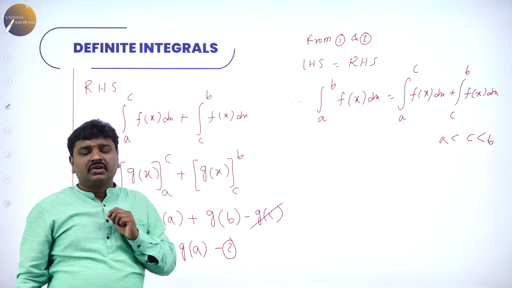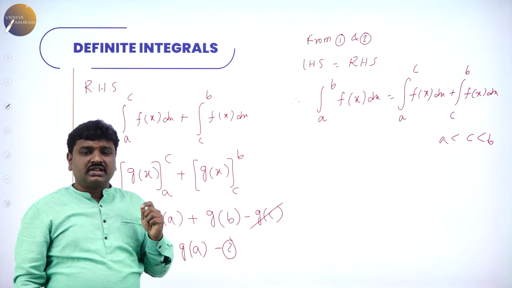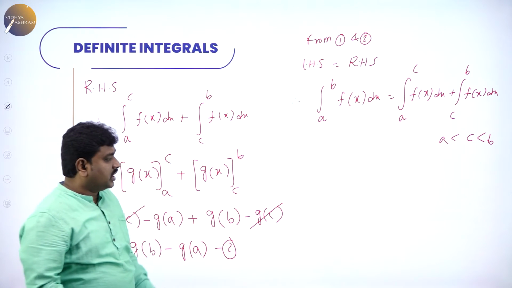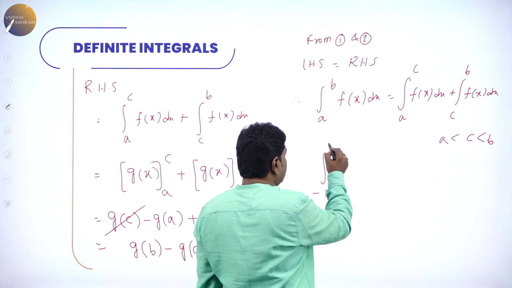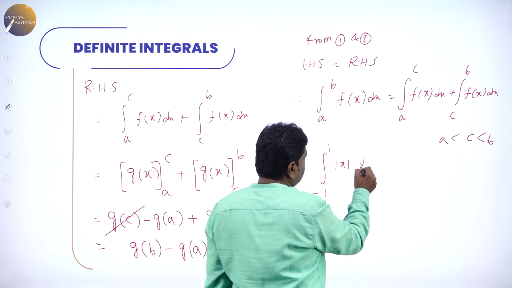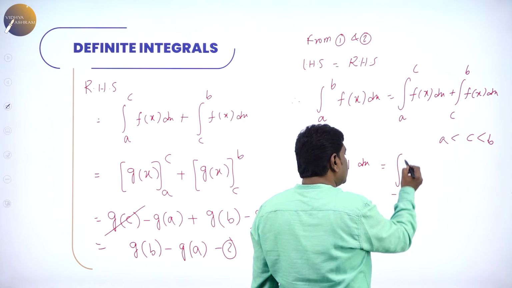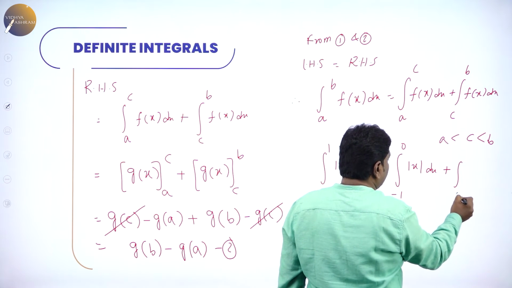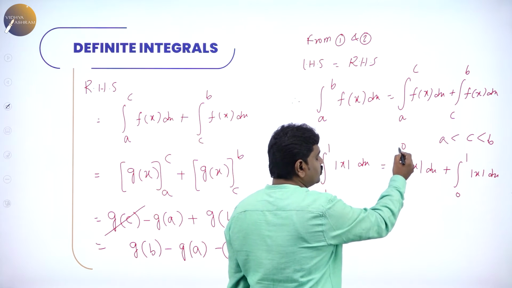You know mod x. Mod x value is positive when x is greater than 0, and mod x is negative when x is less than 0. So I'll take a problem like this: integral of minus 1 to 1 mod x dx. So I can write it as integral of minus 1 to 0 mod x dx, and from 0 to 1 mod x dx. Minus 1 to 0 means negative.